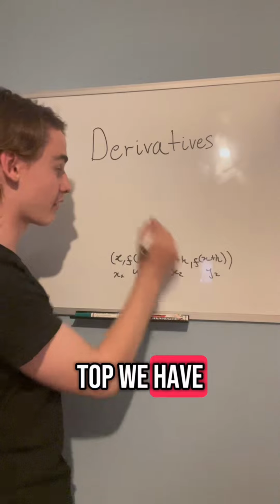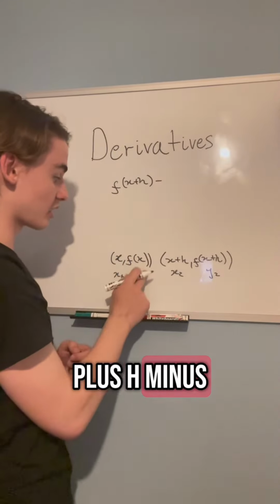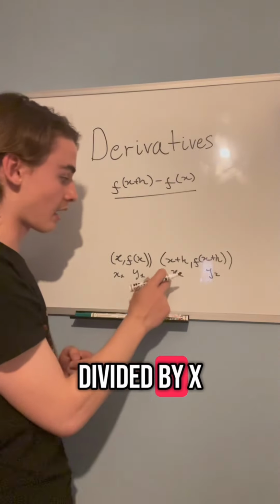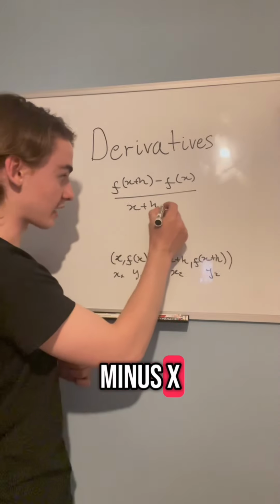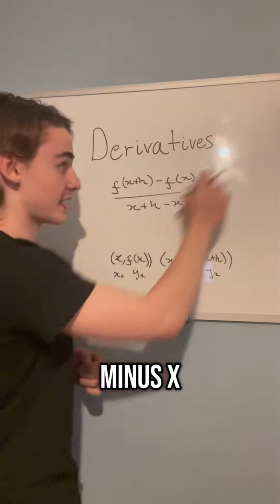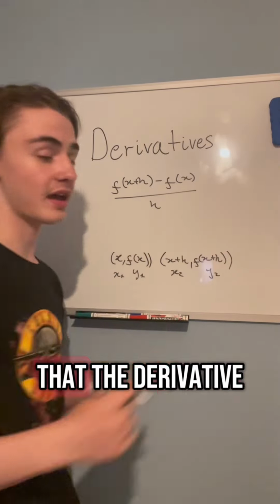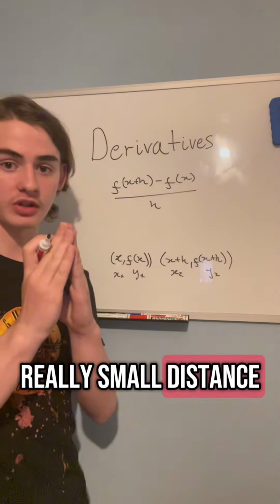So at the top, we have f of x plus h minus f of x divided by x plus h minus x. Here on the denominator, we have x plus h minus x, so these x's actually cancel out. And we said that a derivative happens when h becomes a really, really small distance.